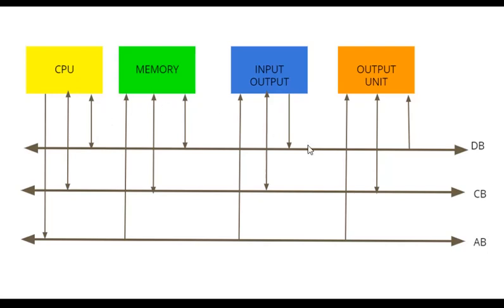Now the input device is a unidirectional bus because the data comes from the input device and goes to the memory and your CPU. And for your output unit, it is a unidirectional bus which goes from CPU and memory to your output devices. So this is how our three buses are laid out.